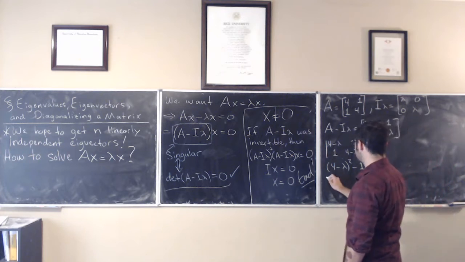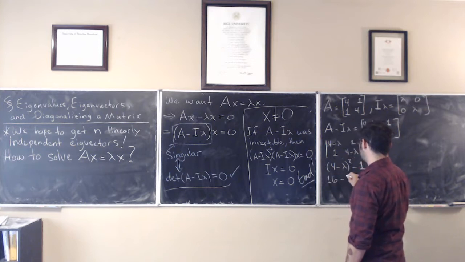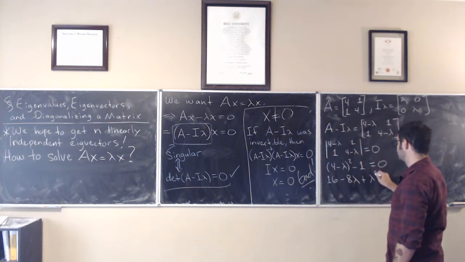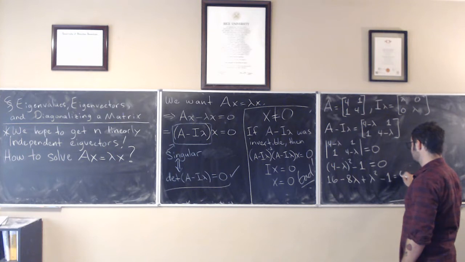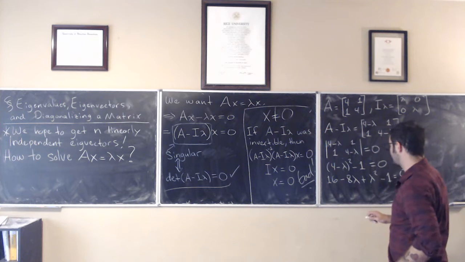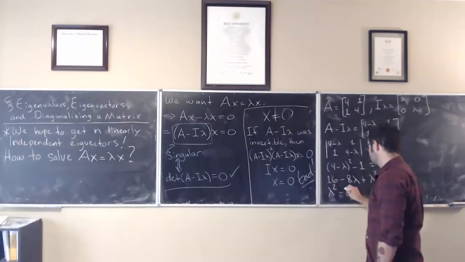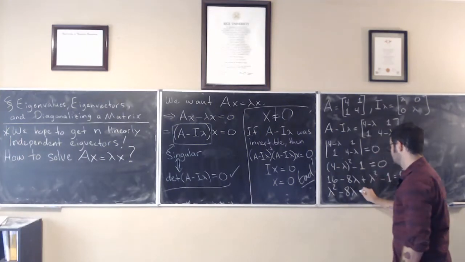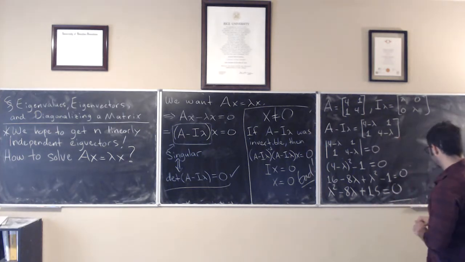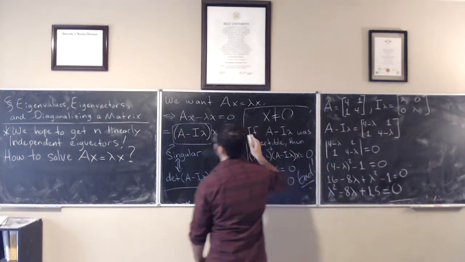Which gives us 16 minus 8 lambda plus lambda squared minus 1 is equal to 0. Which means that lambda squared minus 8 lambda plus 15 is equal to 0. And we solve this polynomial for lambda.